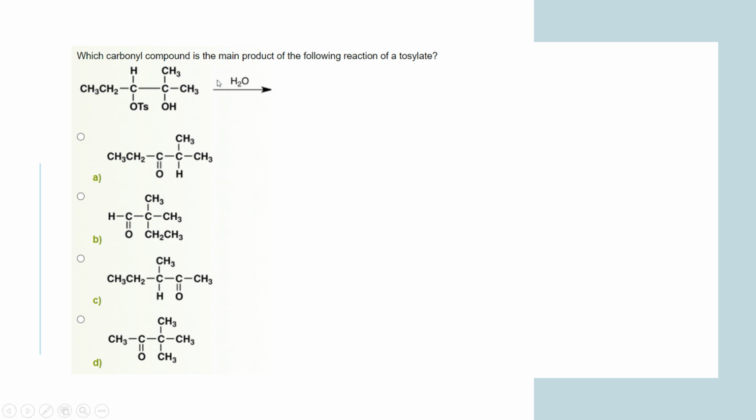See, we have a product where this carbon is attached to a methyl, a hydrogen, an ethyl, and the methyl which will be migrated, and then the other carbon is going to be attached to a methyl which is not migrated and a keto functionality. So it is matching with option C.